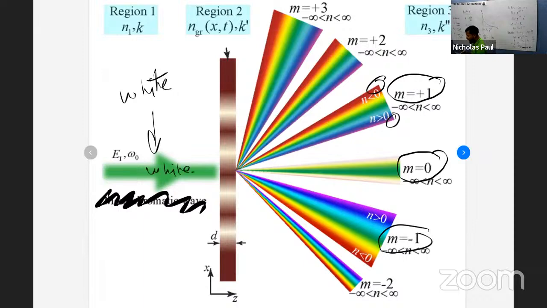When the white light goes through, the center will be white because that's undeviated. So nothing will happen there. And then the light is split up into ROY G BIV: red, orange, yellow, green, blue, indigo, violet.